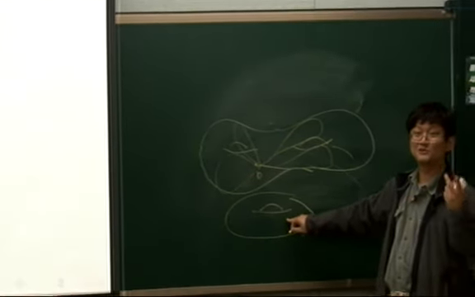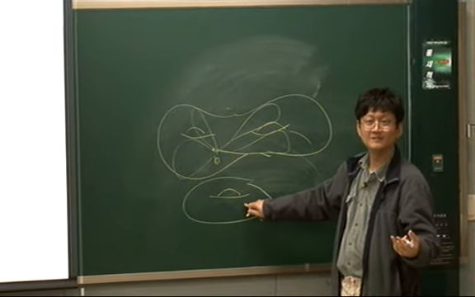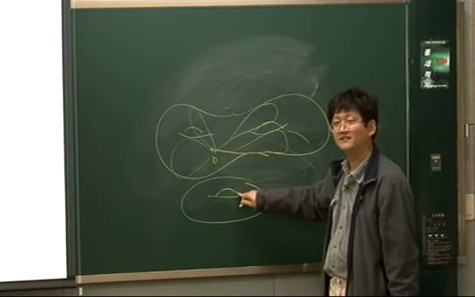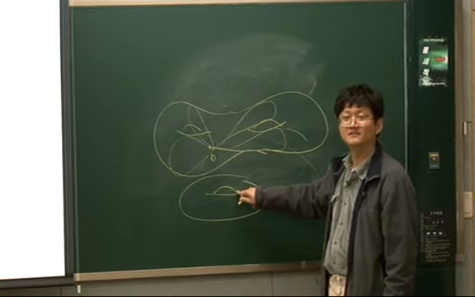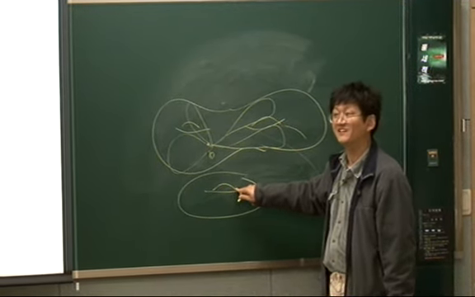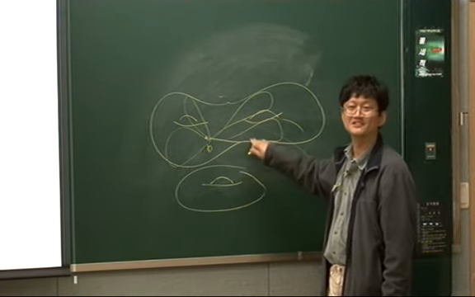Now it's the free group on 2 generators, again with one relation. But that one relation in this case makes the fundamental group what? Abelian, right? In this case it becomes abelian. Here it's still non-abelian. That's the difference.